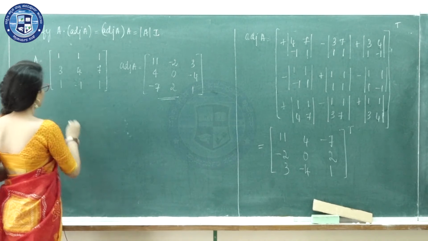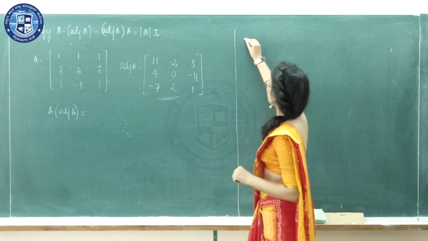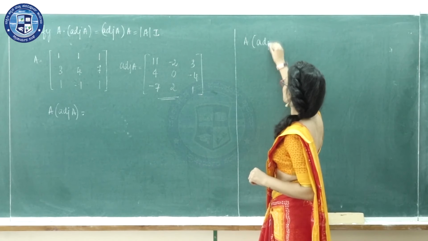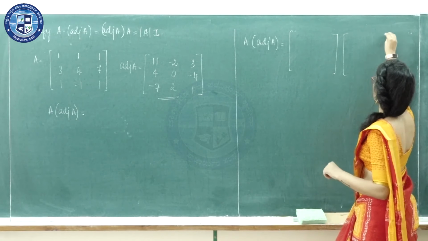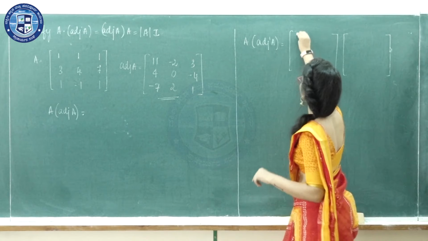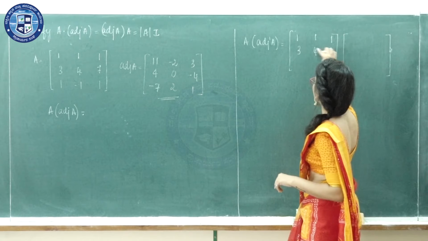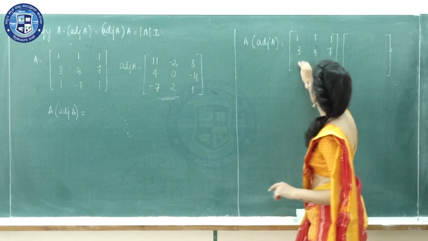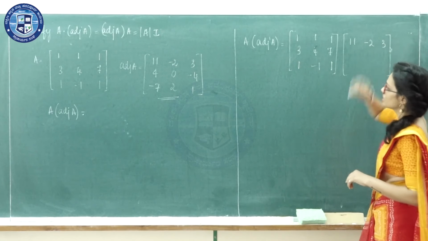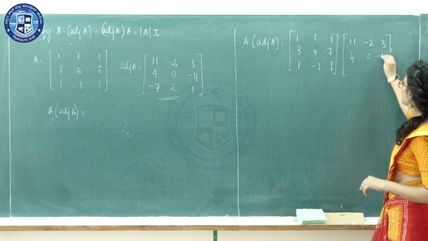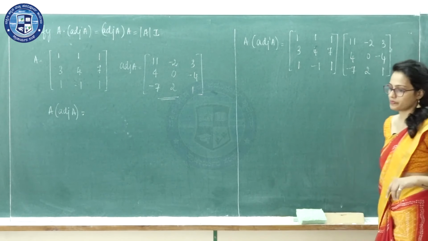Okay. Now let us find the first part, A into adjoint A. So let us take A into adjoint A is equal to, substitute the matrices that's given and that we found out. So 1, 1, 1, 3, 4, 7, 1, minus 1 and 1, 11, minus 2, 3, 4, 0, minus 4 and minus 7, 2, 1.